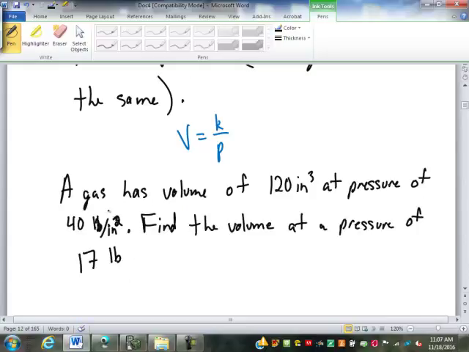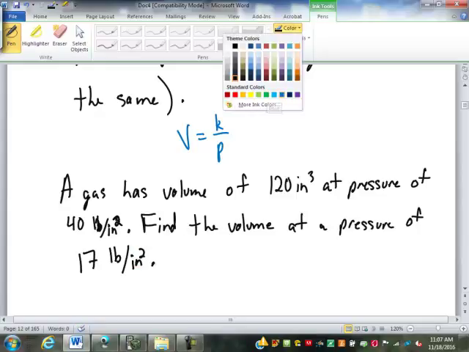Find the volume at a pressure of 17 pounds per square inch.